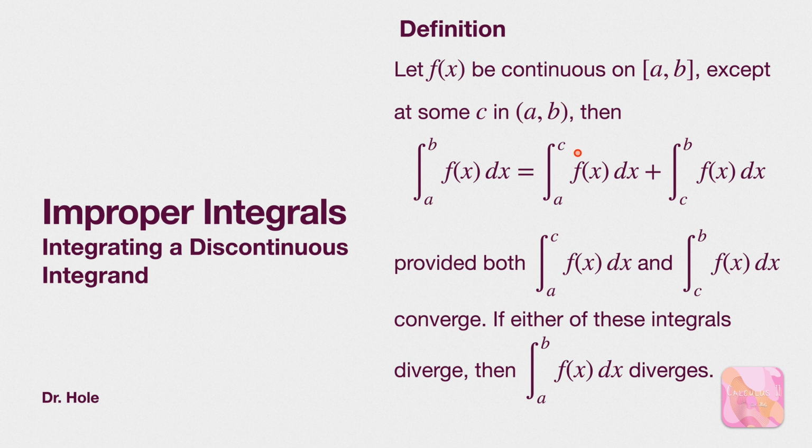So we use the dividing point c, and then consider whether each of these improper integrals is convergent or divergent. If both are convergent, then our original improper integral converges. If either improper integral is divergent, then the original improper integral is divergent. Let's do an example.